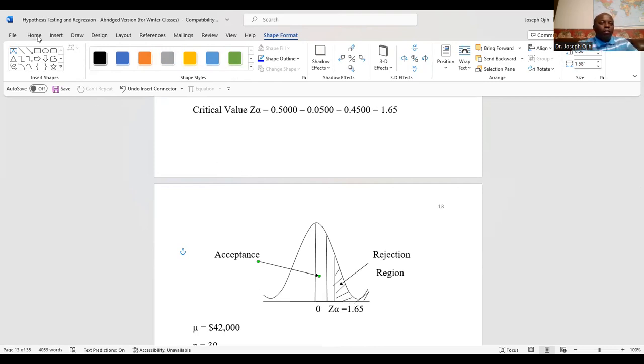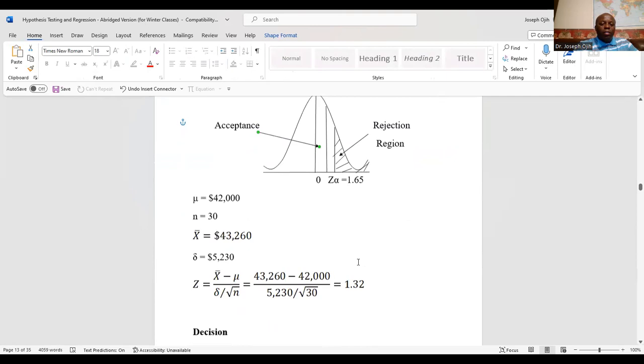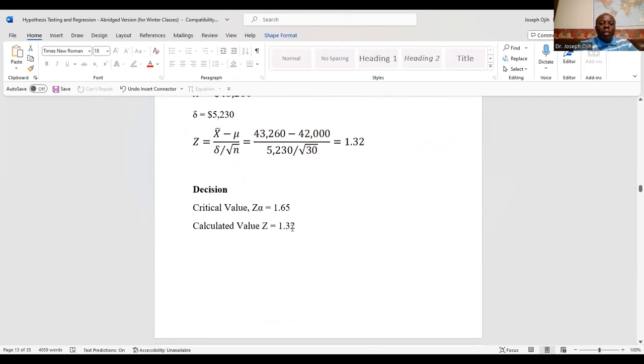So now, a simple way of saying it is this: the calculated value, that means your answer, is less than the critical value. So you put it this way.